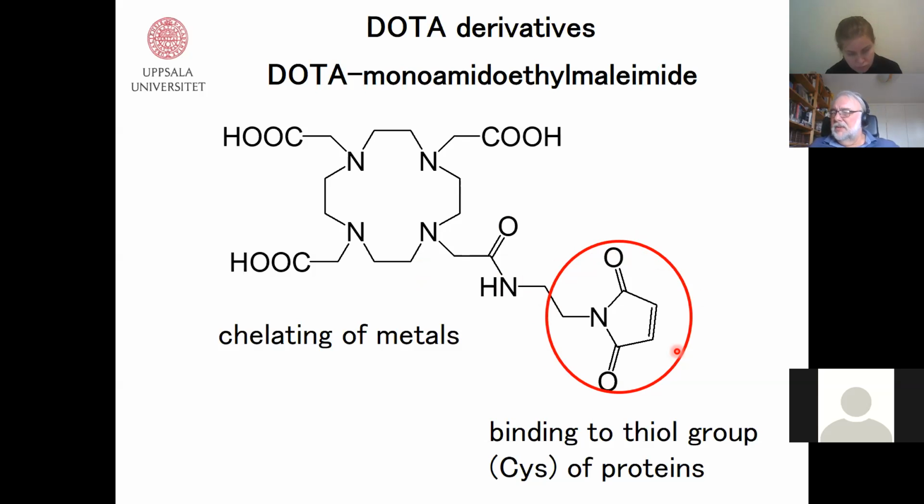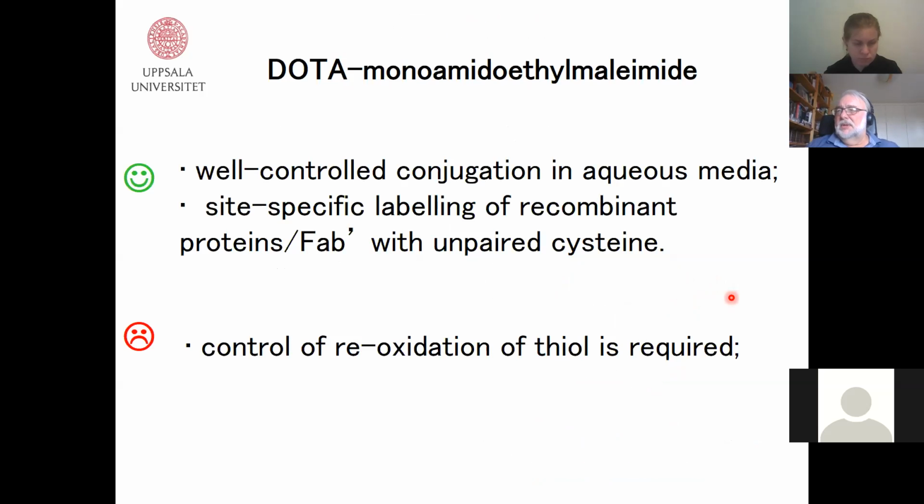And the maleimide group is capable of undergoing so-called Michael addition with an SH group and forms a covalent bond which is reasonably stable. Not ideal, not as strong as the amide bond, but it's stable enough. So that gave us very well controlled conjugation in aqueous media.